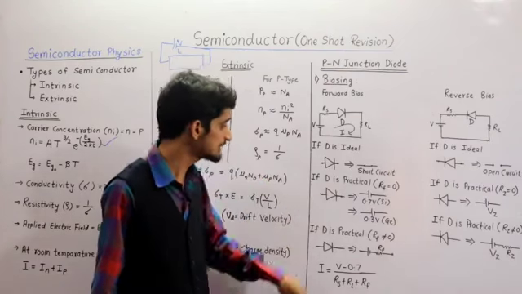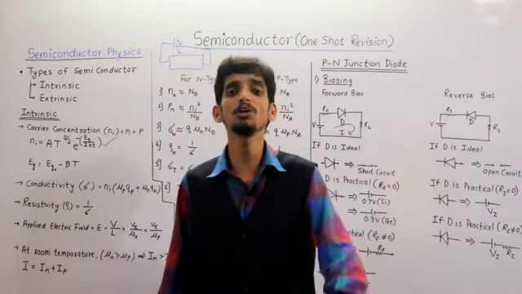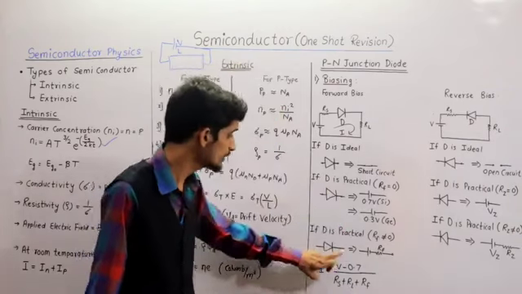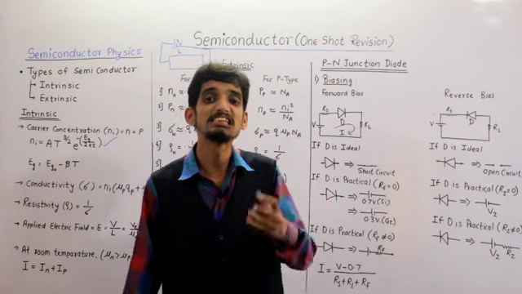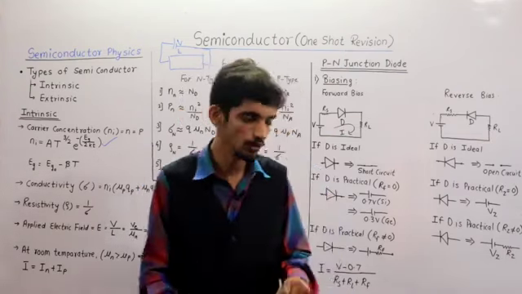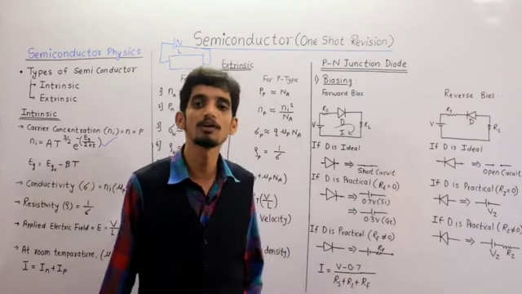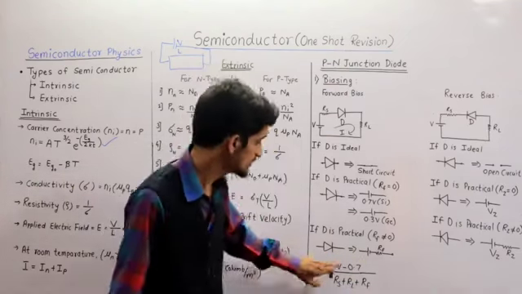If the diode is practical and the forward resistance is not equal to 0, then replace that diode with a 0.7 volt battery with a series resistance, that is the forward resistance RF. Clear? Okay. So this is important.